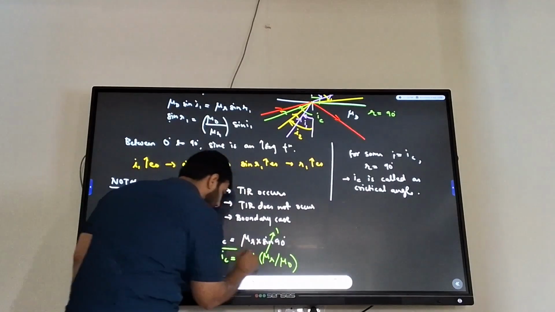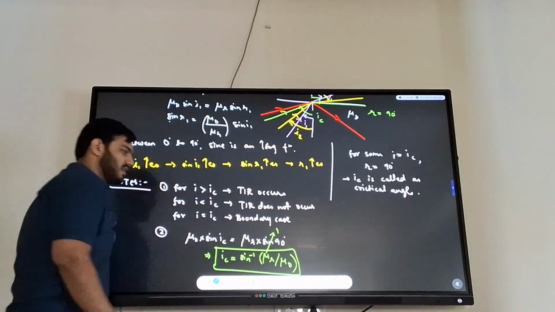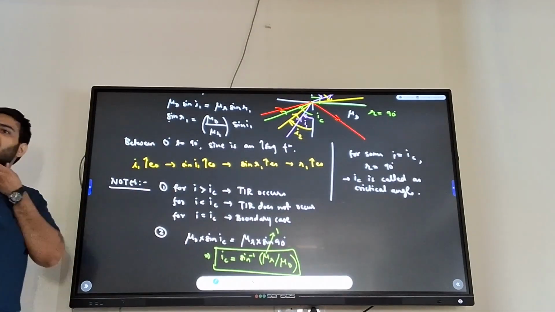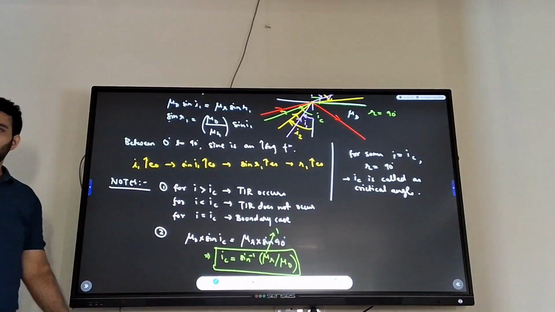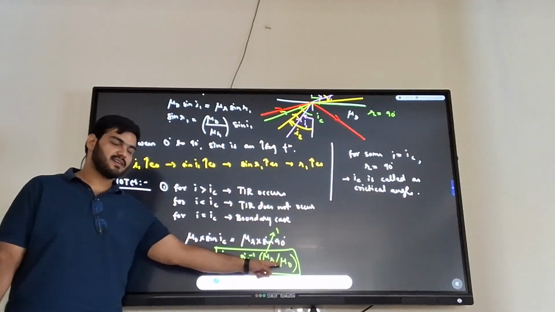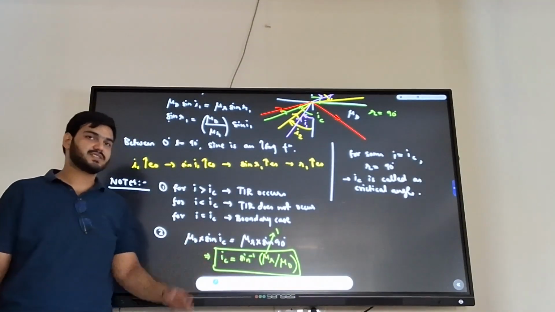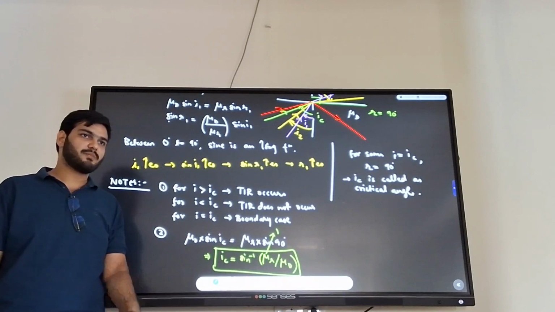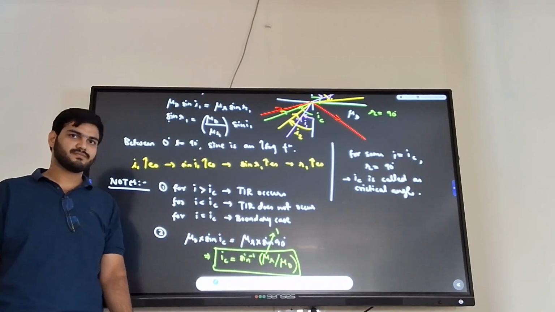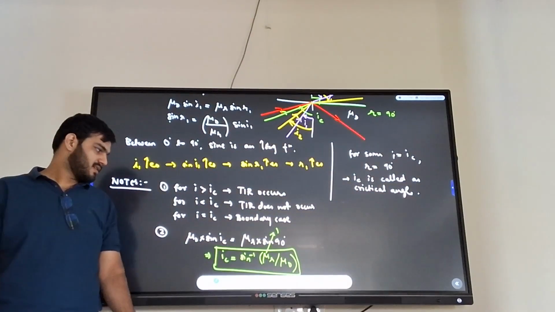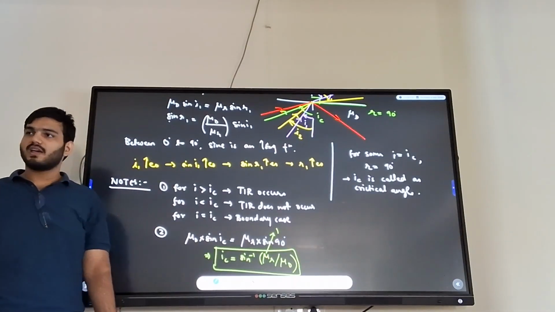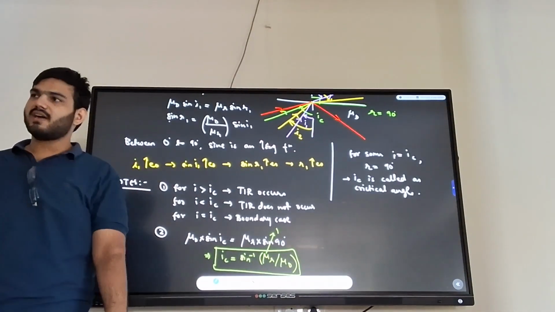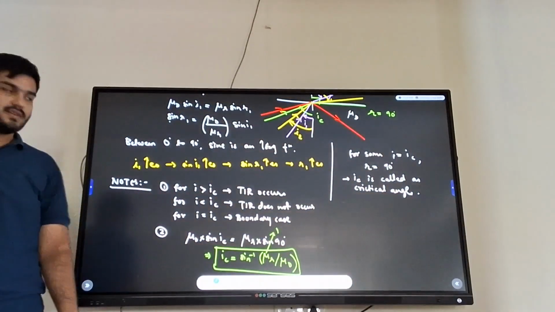So as you can see, critical angle is a characteristic of the pair of mediums that you are taking. It depends on the refractive indices, and refractive indices do not change. They are characteristic of a medium. So IC depends on this. This is how you calculate IC. If you take the rarer medium to be air, then what can I write?